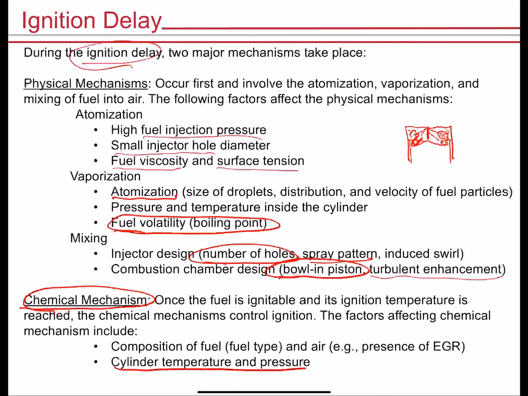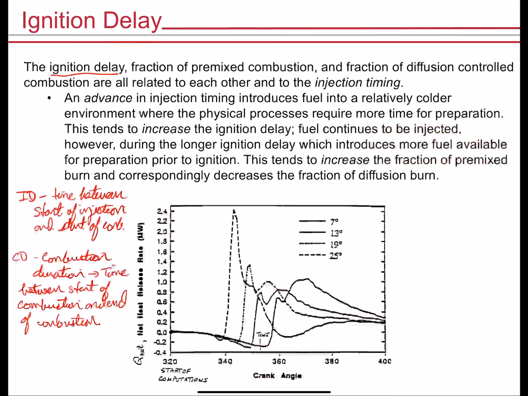Premix burning occurs faster than diffusion burning, and so if I increase my premix burning, I decrease my combustion duration. If I shorten my ignition delay, decrease my amount of premix burning, and increase my diffusion burning, I will therefore increase my combustion duration.